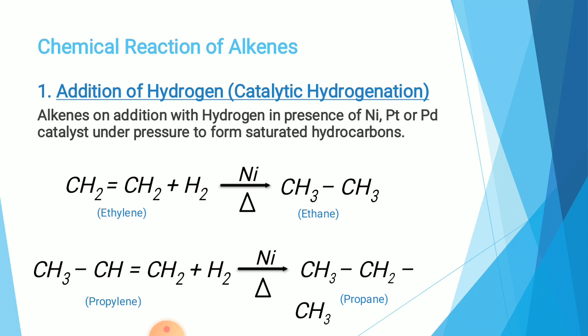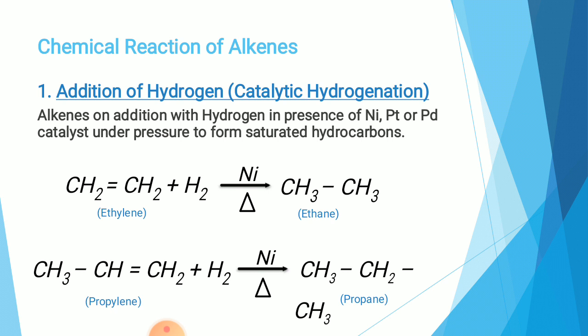So students, see here in the first reaction, ethylene, when it undergoes hydrogenation reaction in presence of nickel catalyst, the hydrogen is attached across the carbon-carbon double bond. So finally it is forming ethane, CH3CH3.